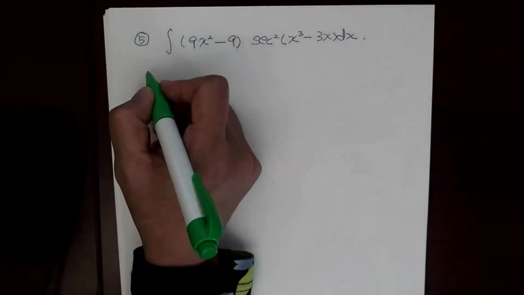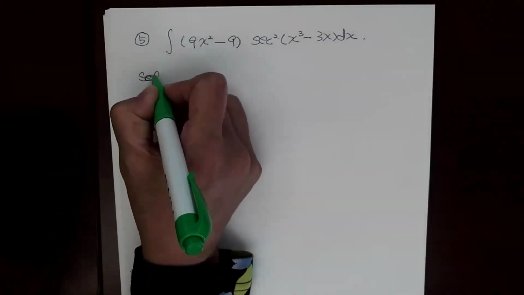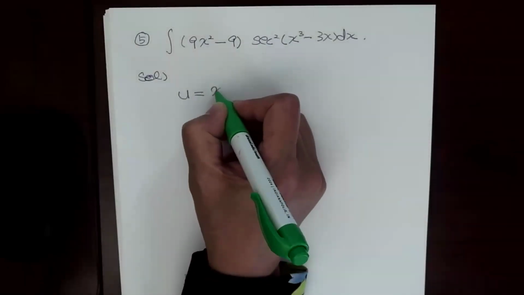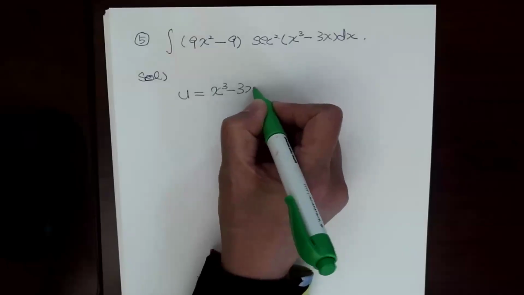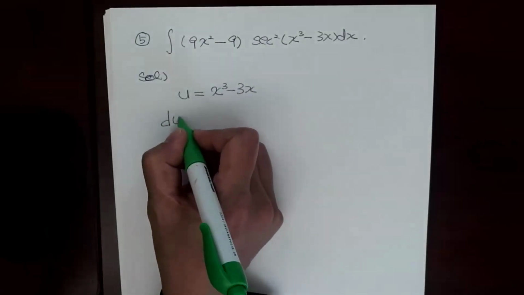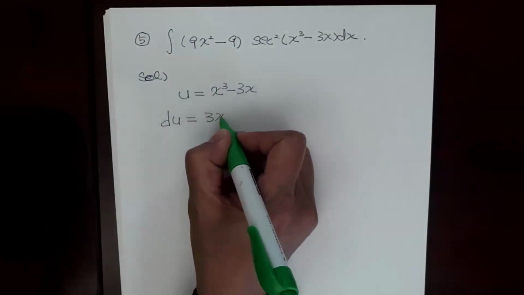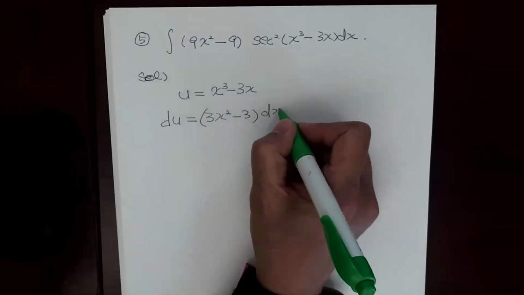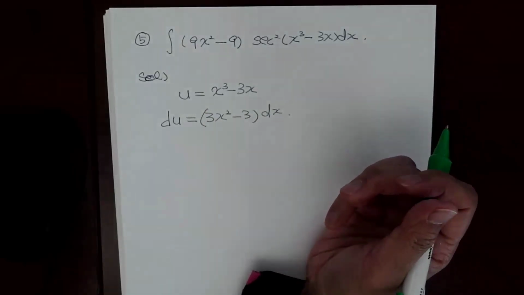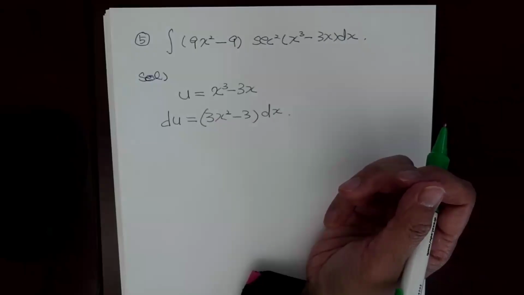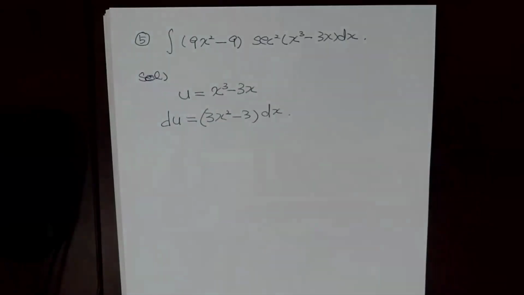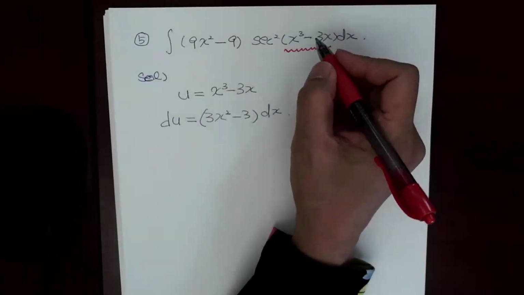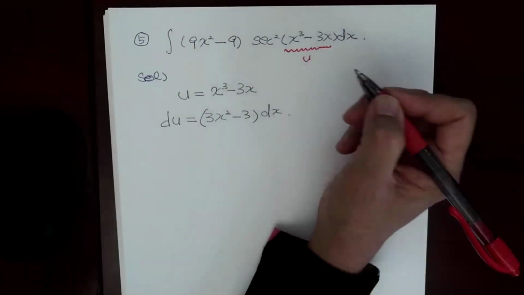So if we put the inner function as x cubed minus 3x, then its derivative is 3x squared minus 3 dx. So what we are thinking about is we replace x cubed minus 3x by u.